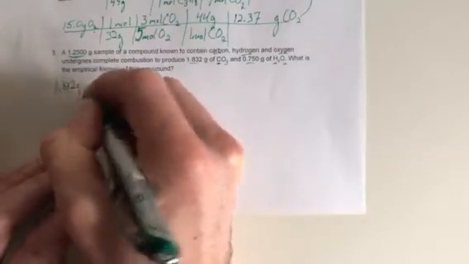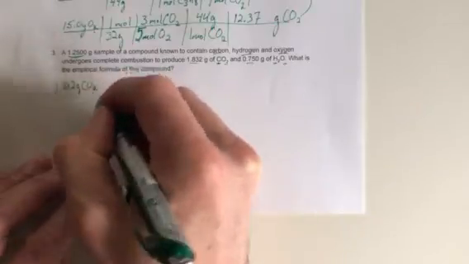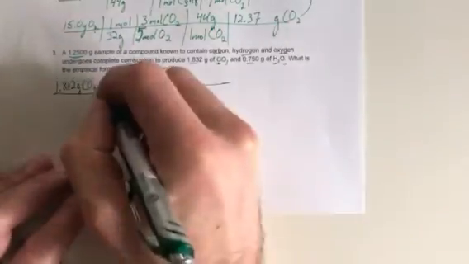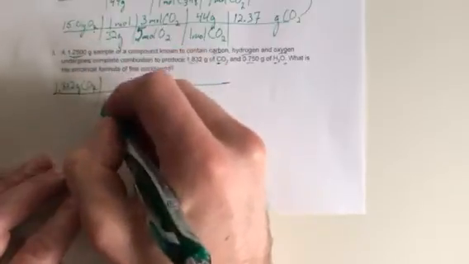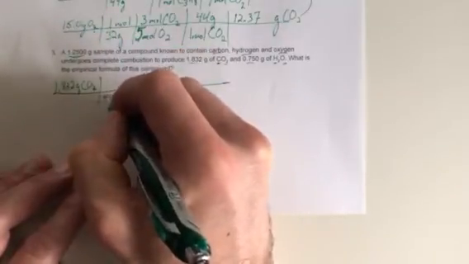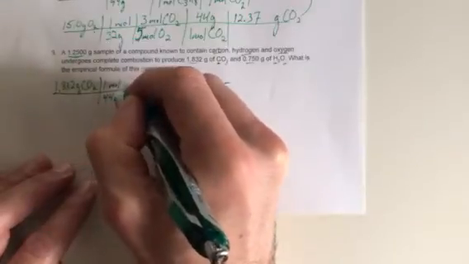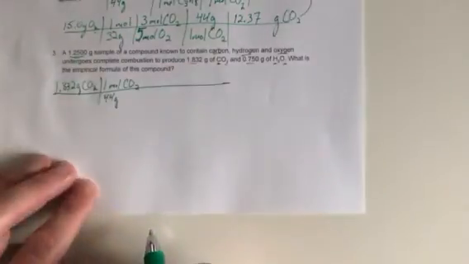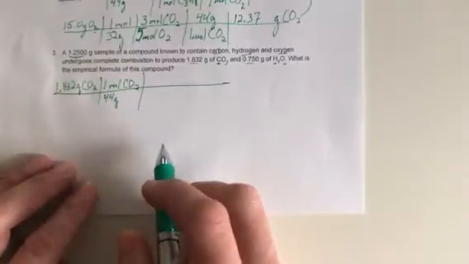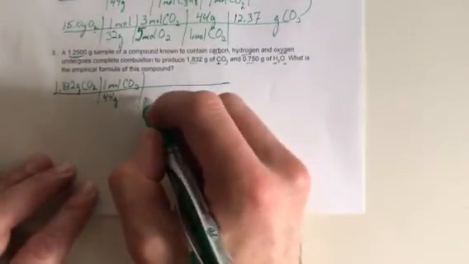So we're going to say 1.832 grams of CO2. We need to convert that to moles of CO2. So we'd say 44 grams is 1 mole of CO2. Then we want to look at the ratio of carbon in carbon dioxide.